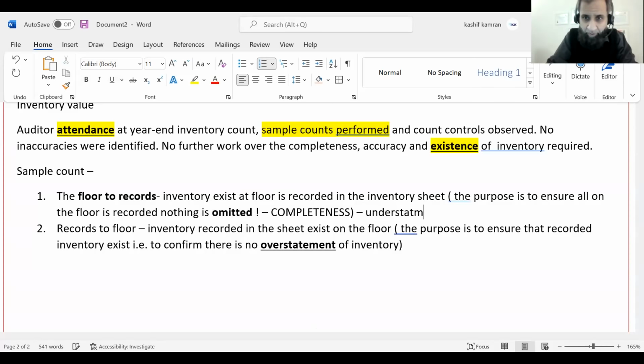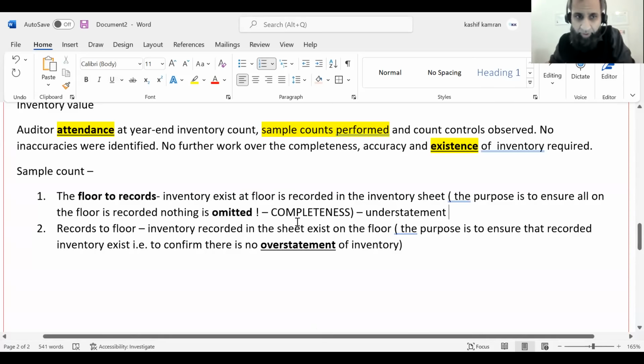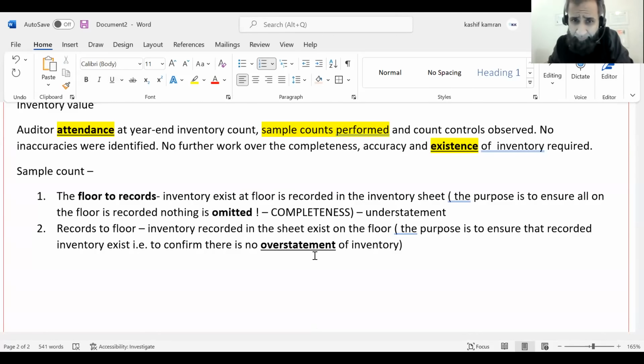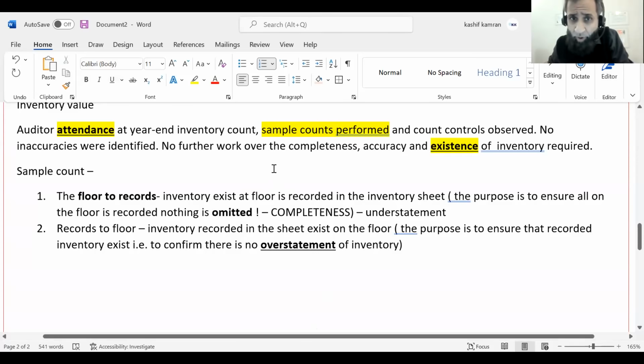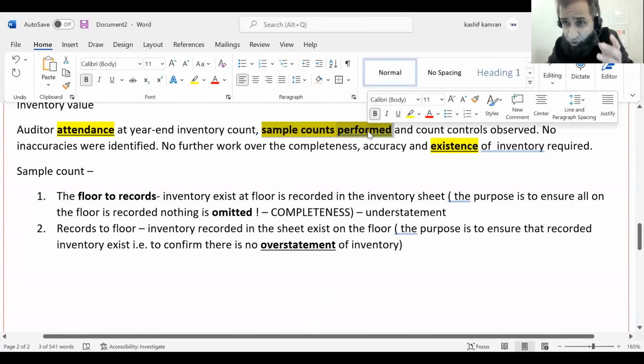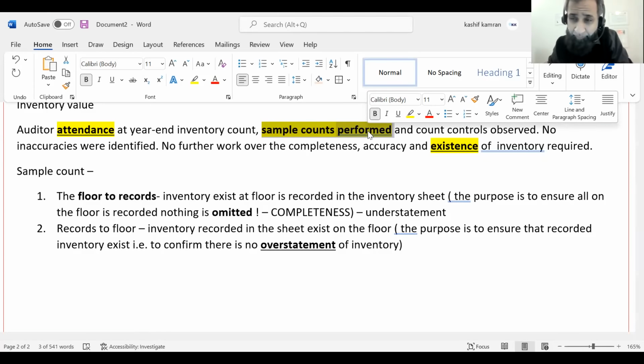Record to floor is overstatement. Now the auditor has done the sample counts, but are we sure whether the auditor has performed both of them?